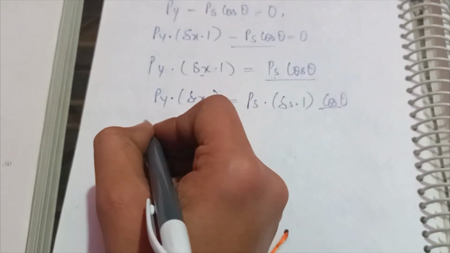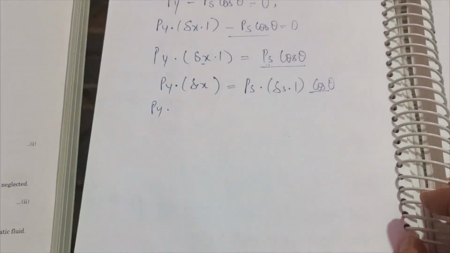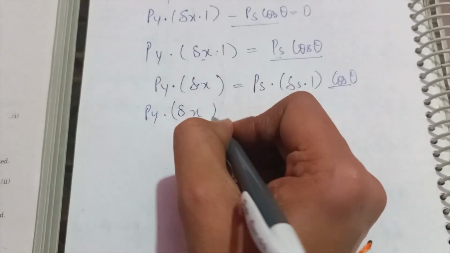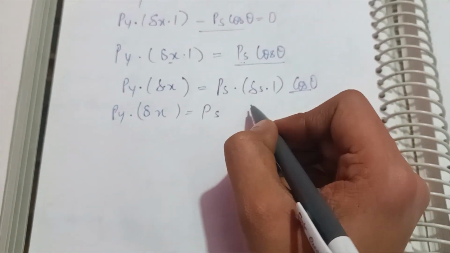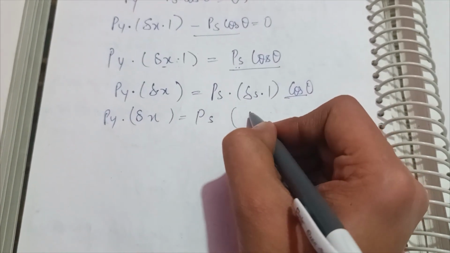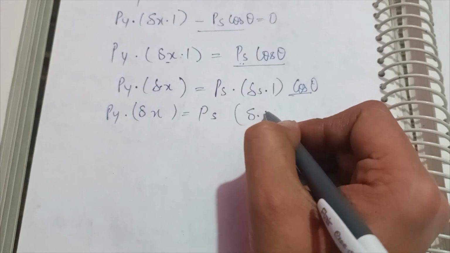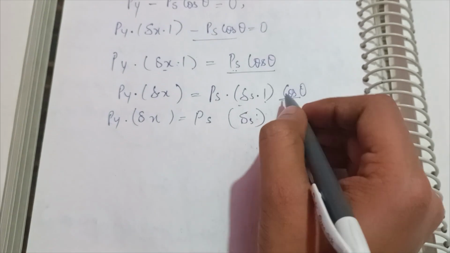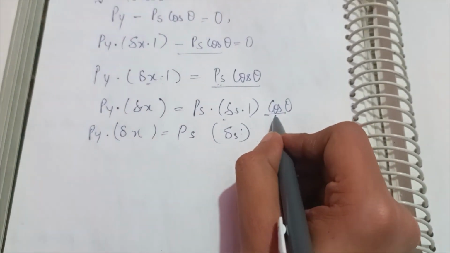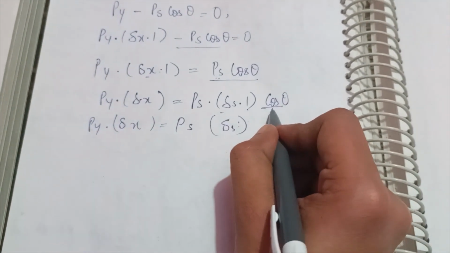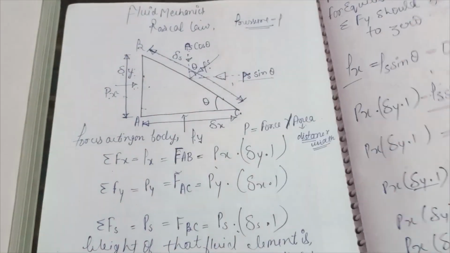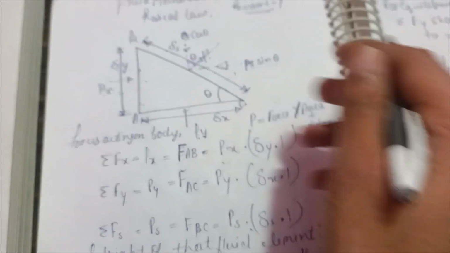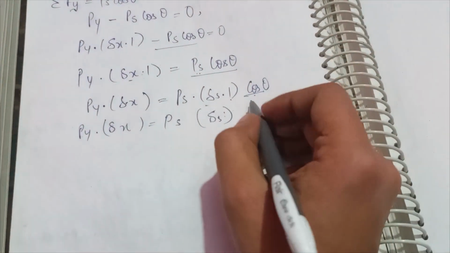We know very well that cos theta is base by hypotenuse. In our wedge-like fluid element, the base is delta x and the hypotenuse is delta s.